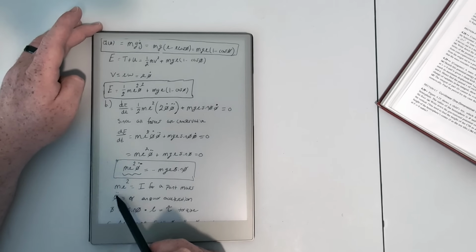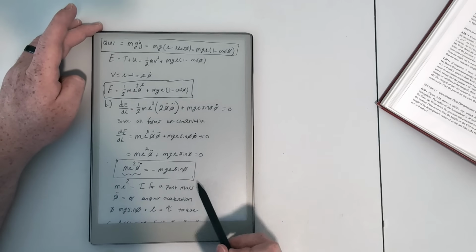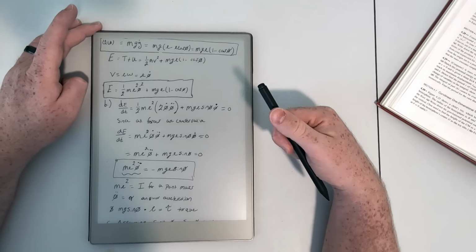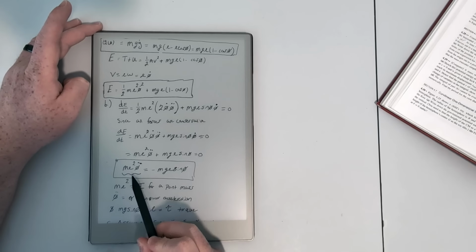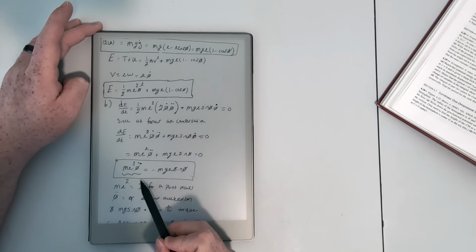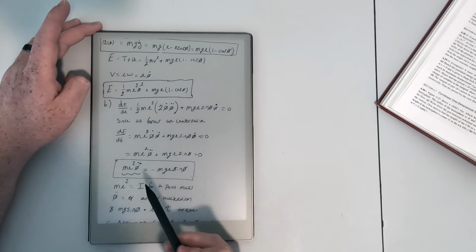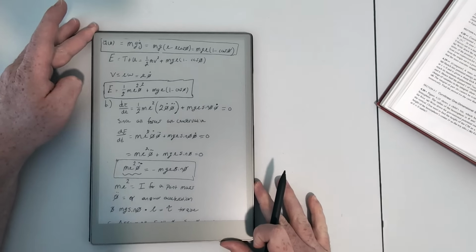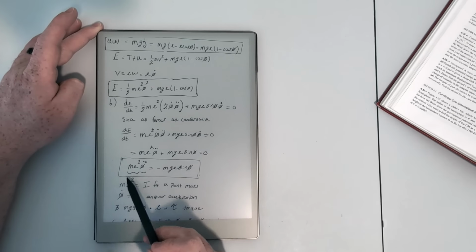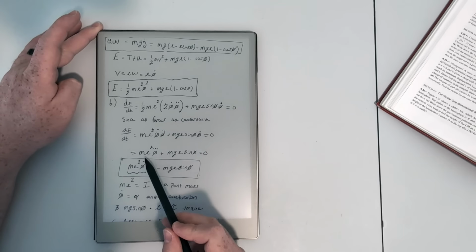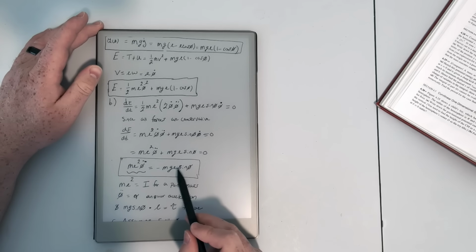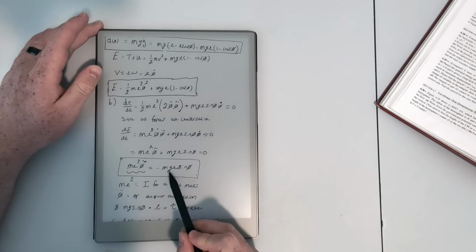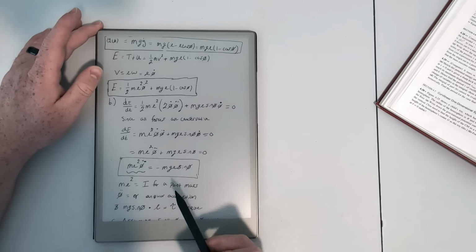Now, the moment of inertia for a point mass like this, on the end of a rod, is just mL squared. So mL squared is I. And then phi double dot is just the angular acceleration, so that's alpha. So this left side of the equation is I alpha. And then the right side of the equation, mgL sine of phi, is just the force times the distance.